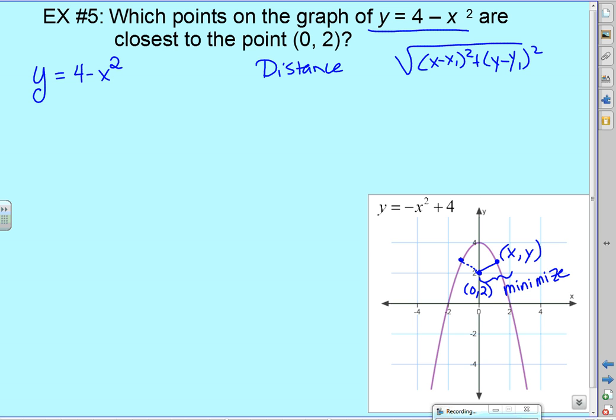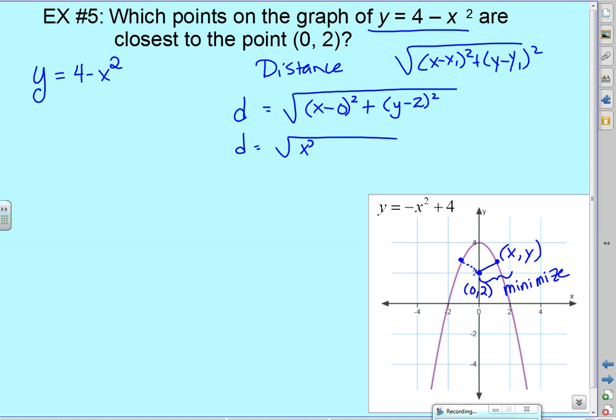We've got the 2 points labeled there, so let's write our distance formula involving these 2 points. I have x minus 0 quantity squared plus y minus 2 quantity squared, and we could simplify a little bit: x squared plus y minus 2 quantity squared.